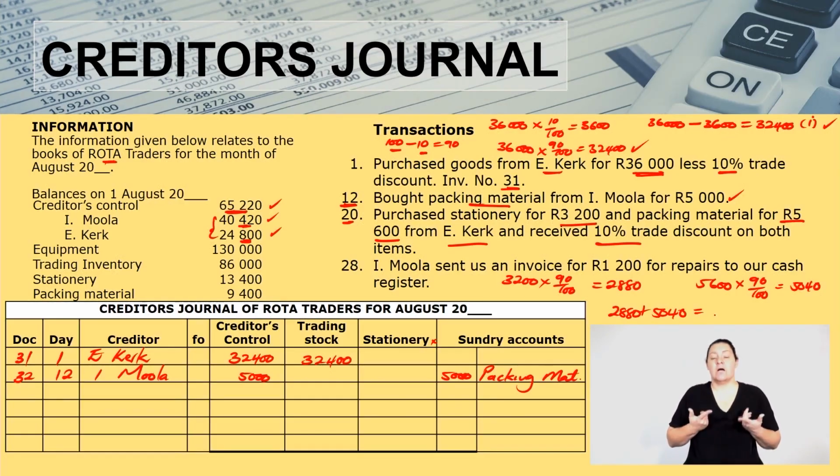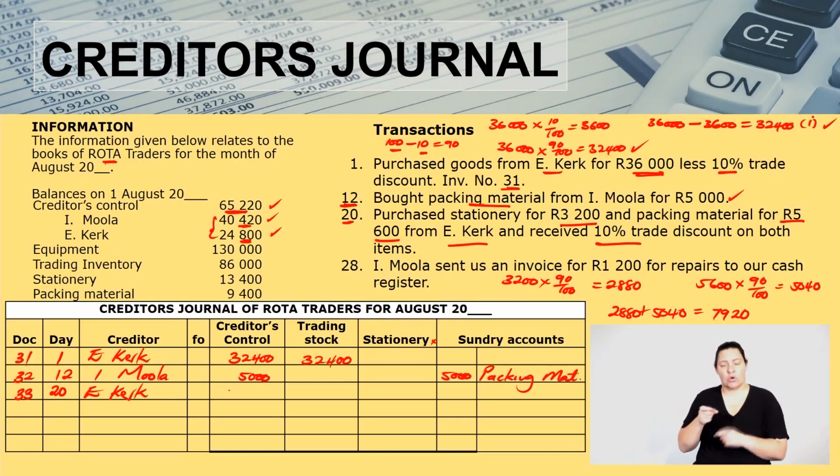That will give you now a total of 7,920. So when I come here now, I'm now saying my document is 33. The day, 20. From whom did I buy the goods? E. Kirk. And then how much goes to my creditors control? 7,920. I have already subtracted the 10% trade discount.